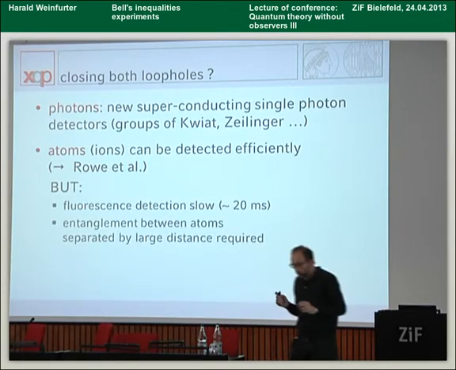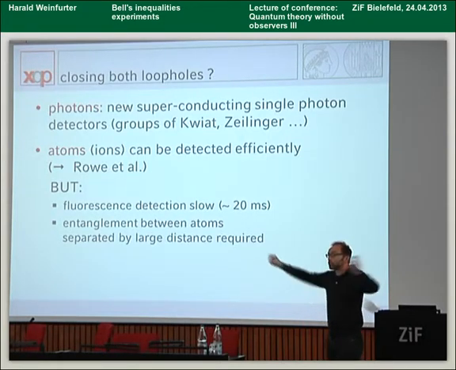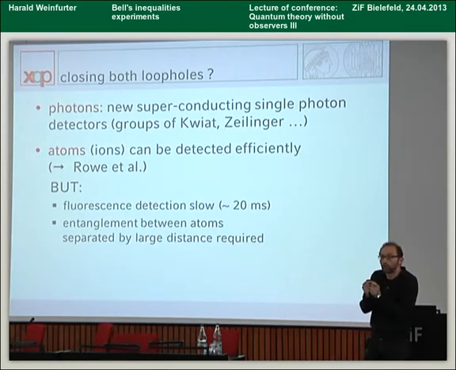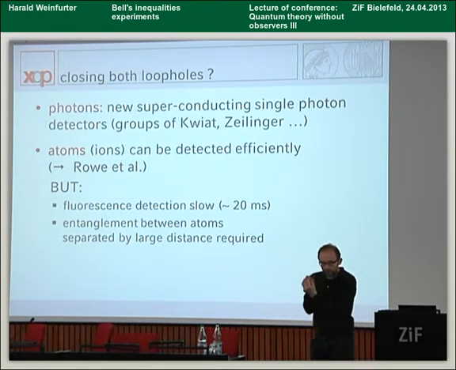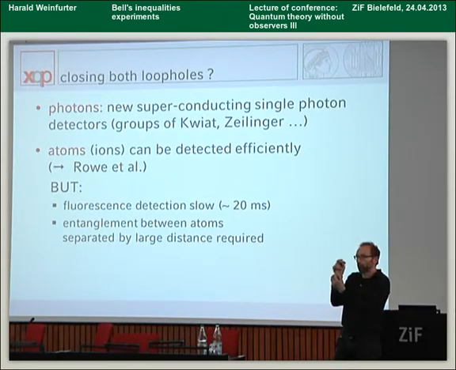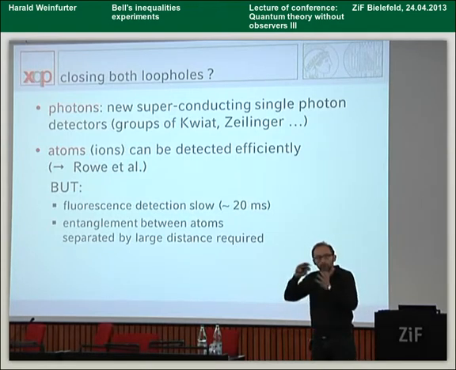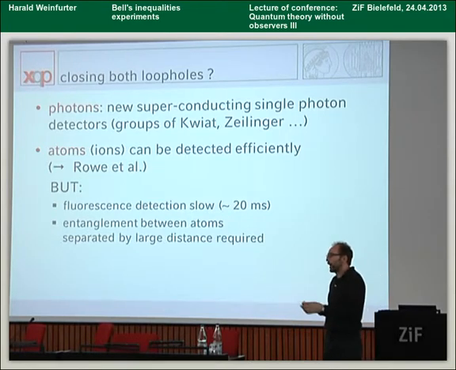But there are two big buts that we had to overcome. We have to distribute this entanglement. I mean, we have to change effectively completely the scheme of the preparation from these old experiments in a single ion trap. And the fluorescence detection is relatively slow. You have to scatter a lot of photons from this ion, and you have to collect all of them, until you have collected enough photons so that you really can say yes or no with high precision.